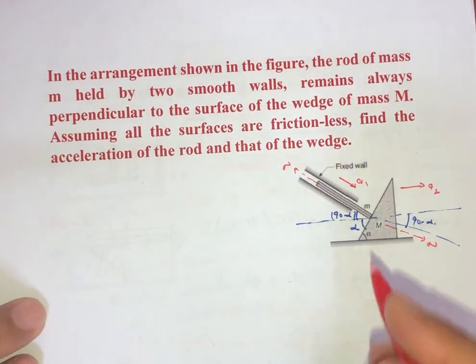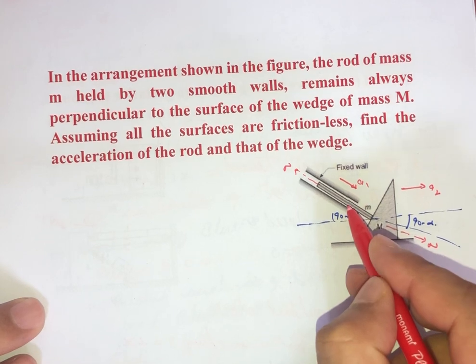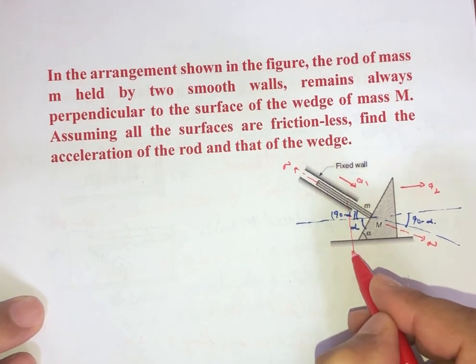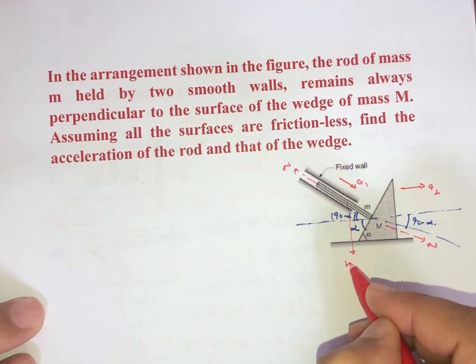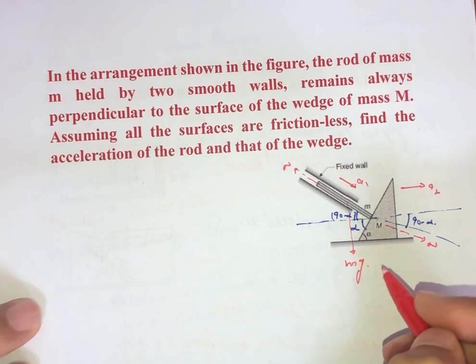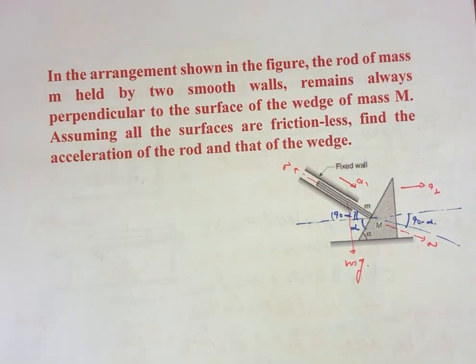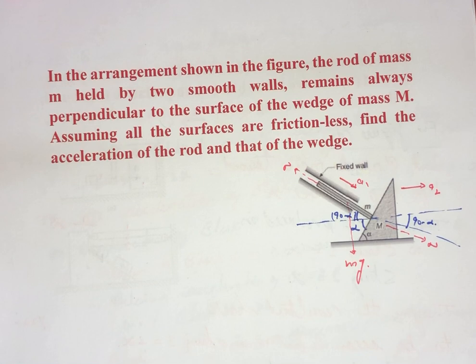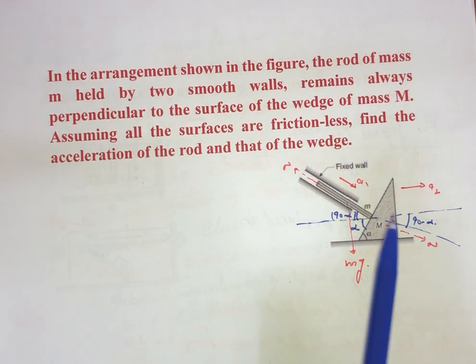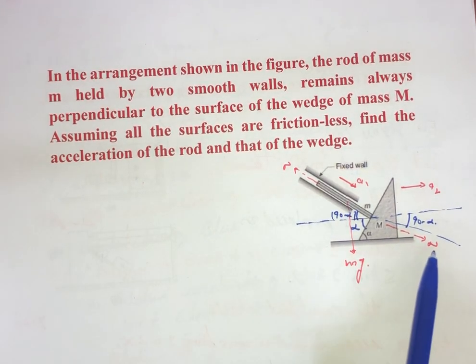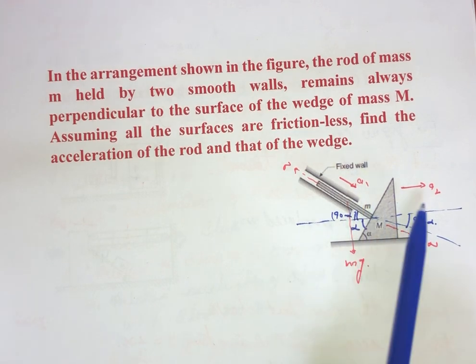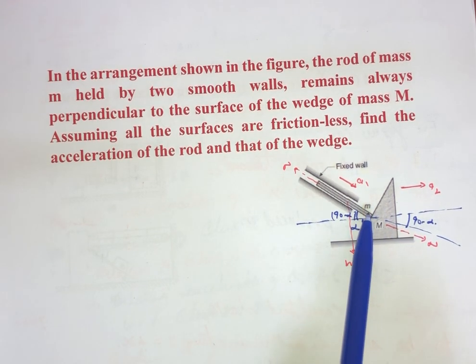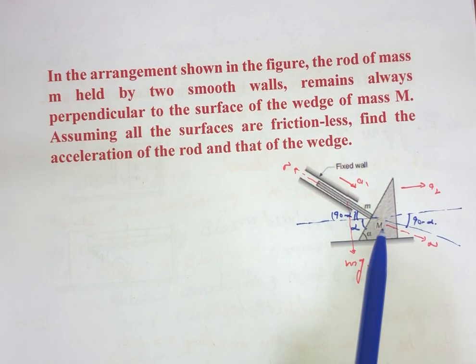We're also going to have a weight mg in the downward direction. So these are the few forces, the mg, normal reaction, and angles and acceleration associated with mass m and capital M.